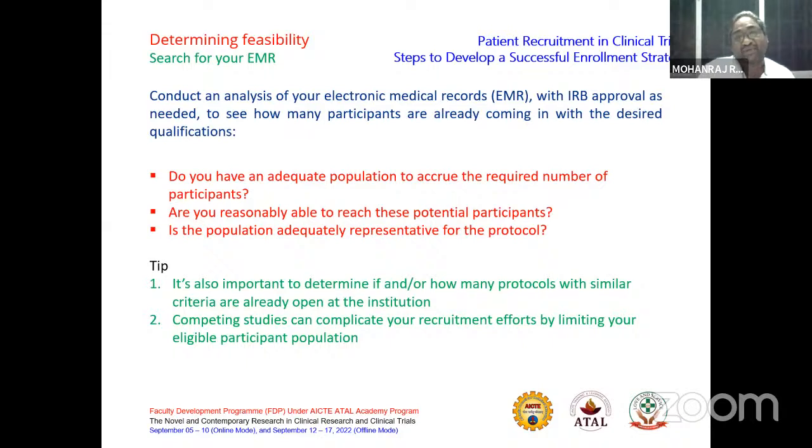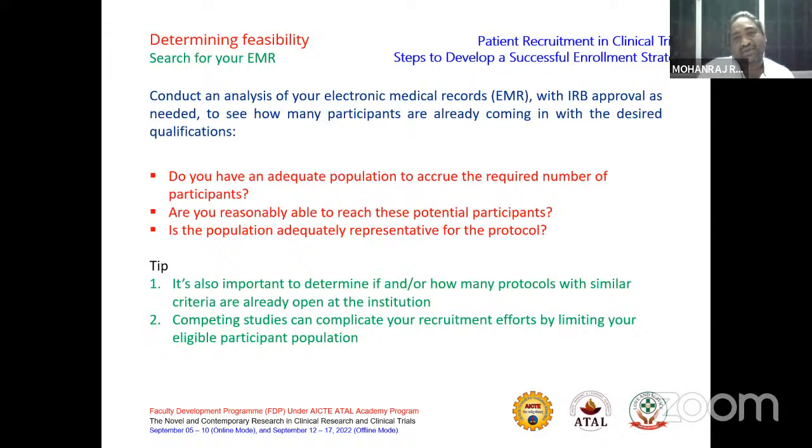And that board or committee has a very capable team of qualified personnel involved in the previous process. And the EMR search is going to answer three important questions.